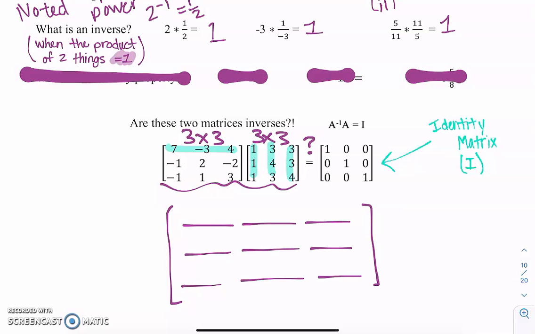So 7 times 1 is 7. -3 times 1 is -3. 4 times 1 is 4. We'll just do all three here. 7 times 3 is 21. -3 times 4 is -12. 4 times 4 is 16. 7 times 3, 21. -3 times 3, -9. 4 times 4, 16.